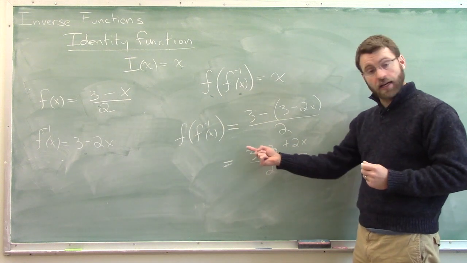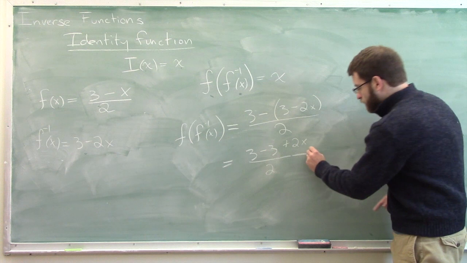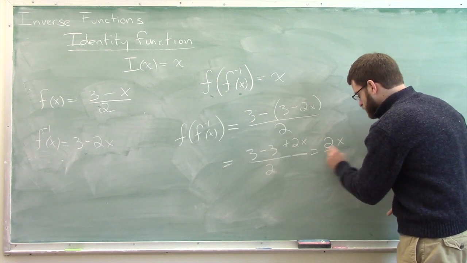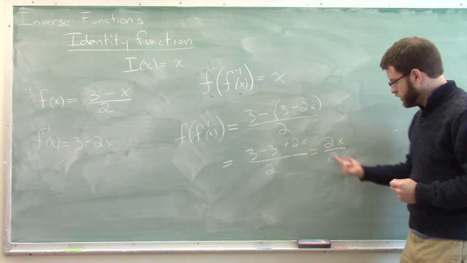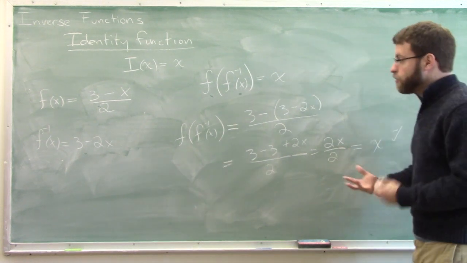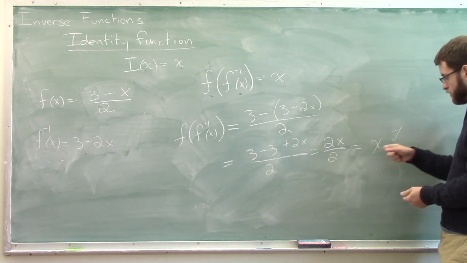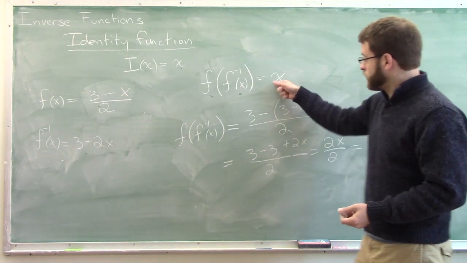And then if we combine like terms in the numerator, 3 minus 3 gives us 0. We're left with 2x over 2. The 2's cancel. That leaves us with just x, which is what we want. We want the f and the f inverse to unravel one another so that the original input is all that's left.